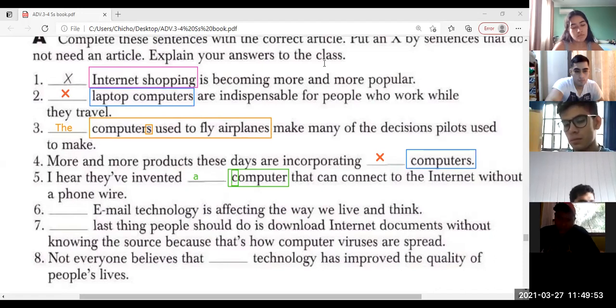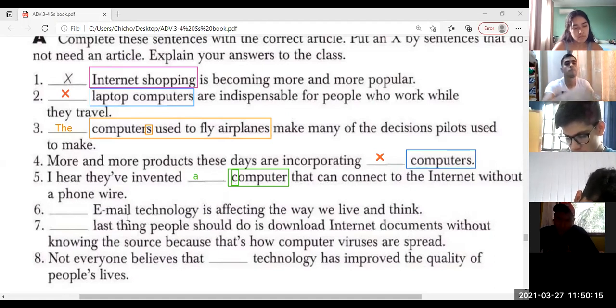I disagree. I think that it is the same as the first sentences because email technology is uncountable. Very good. It's uncountable. Technology is uncountable, right? This email is just an adjective. ¿Ok?